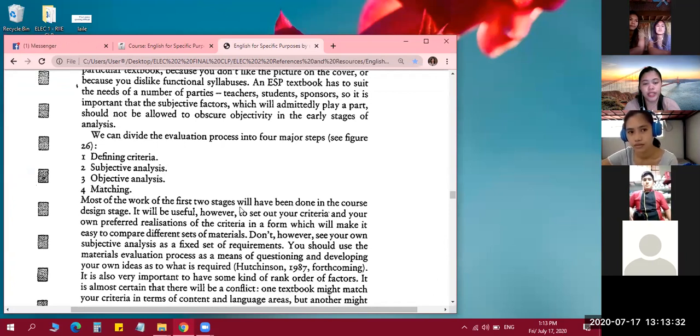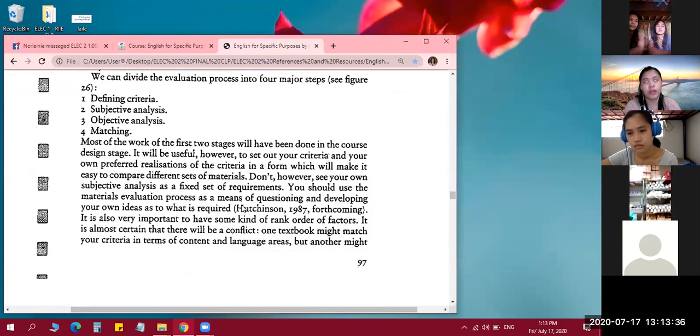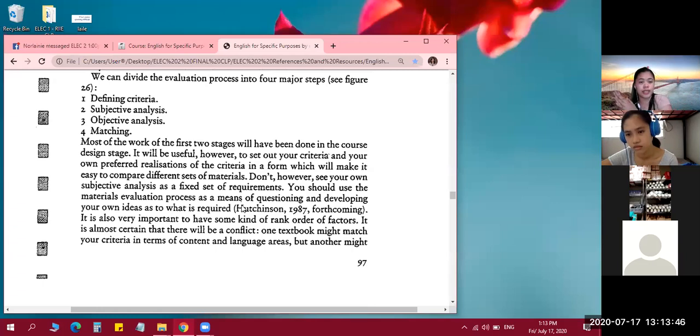So the first 2 stages will be done in the course design stage. The process in ESP is that you first make your course design, your syllabus, your materials, and then your assessment, and then how you are going to present or use them in the class.